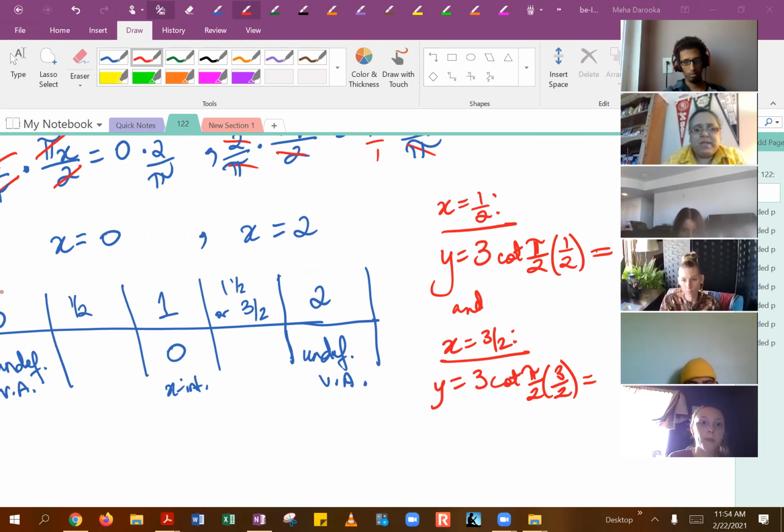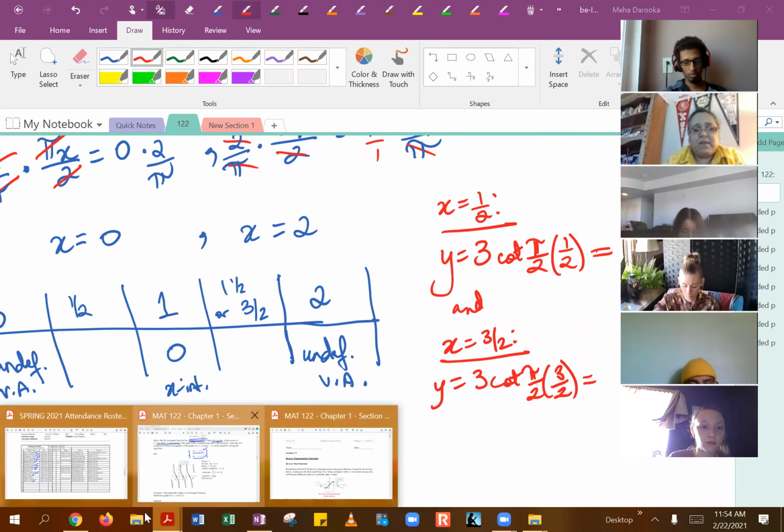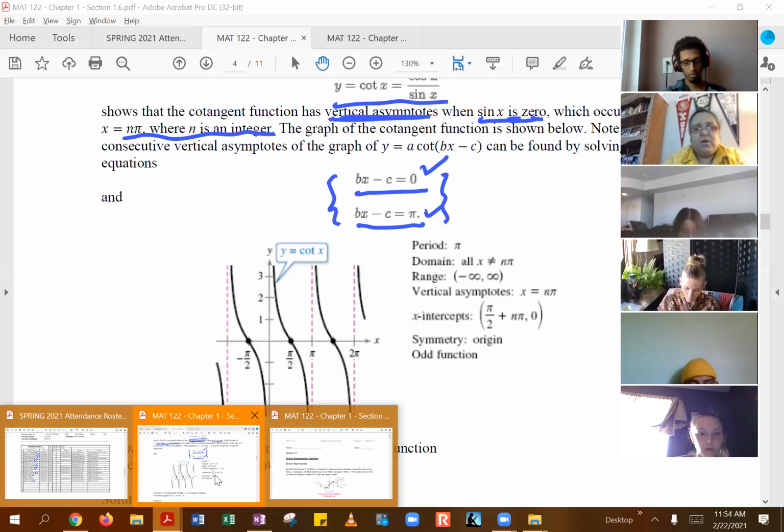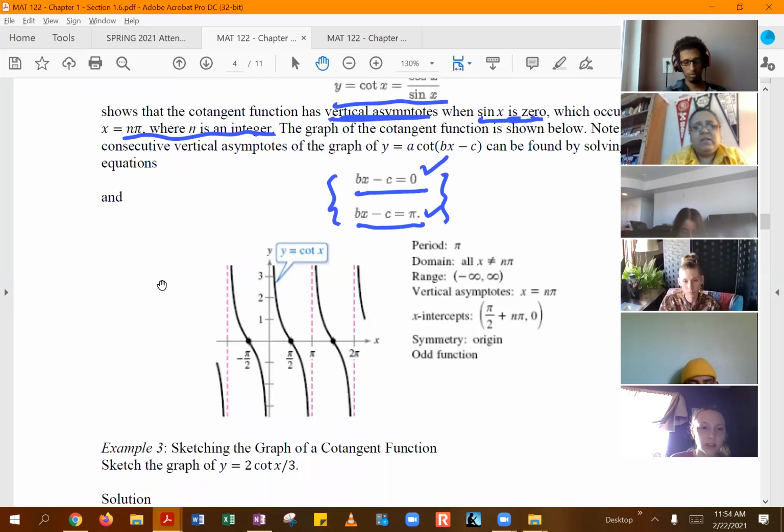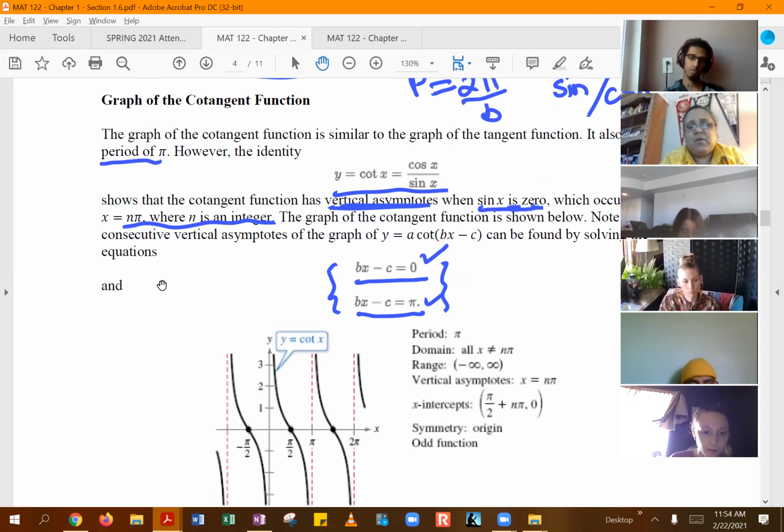And remember, for cotangent, if it makes it easier, depending on what kind of calculator you are using, you can use this idea of cotangent being cosine over sine when you're trying to find this.